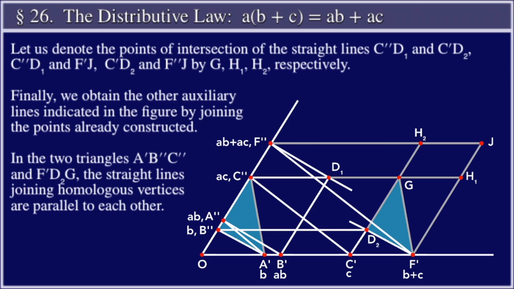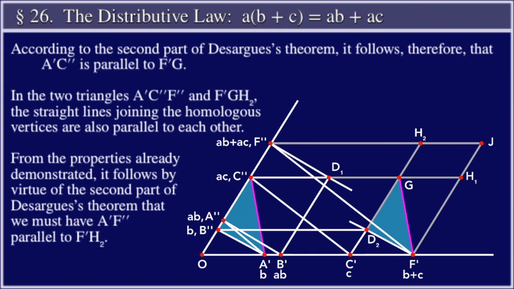In the two triangles A prime B double prime C double prime and F prime D sub 2 G, the straight lines joining homologous vertices are parallel to each other. According to the second part of Desargues' theorem, it follows therefore that A prime C double prime is parallel to F prime G. In the two triangles A prime C double prime F double prime and F prime G H sub 2, the straight lines joining the homologous vertices are also parallel to each other.